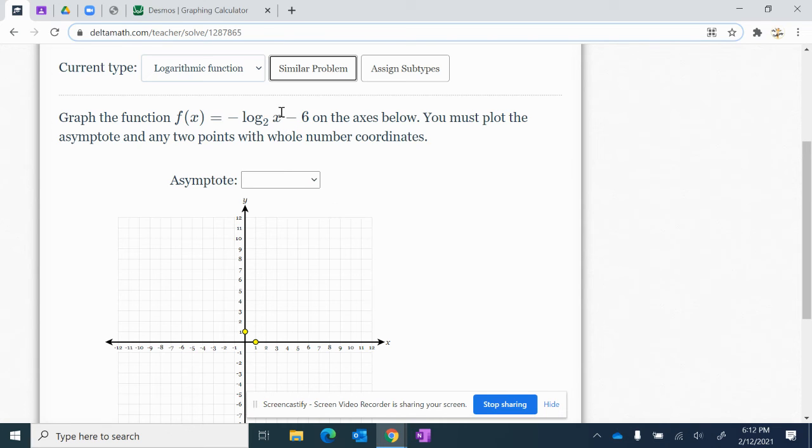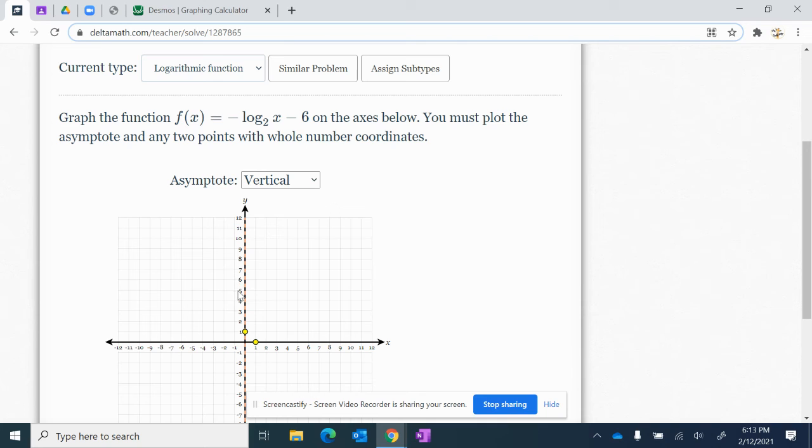So the only thing that's really inside of the log is this x. Okay, so for your asymptote, you're really only setting the x equal to 0. So that means your asymptote is just 0. Okay, so if there's really no parentheses, if it's just plain old x, then that's where your asymptote is.